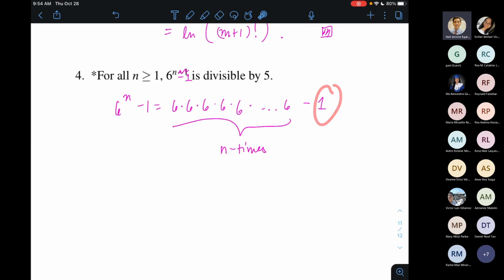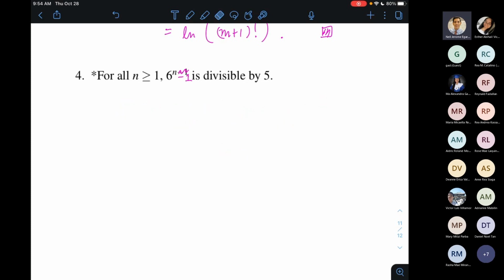Also, there's no way I can factor a 5 out of 1. So, ibig sabihin, hindi ko siya kayang i-prove directly by factoring out the 5 using only the definition of 6 to the power n. And this is one instance wherein PMI would be more helpful. Okay, so let's try to prove it using PMI.